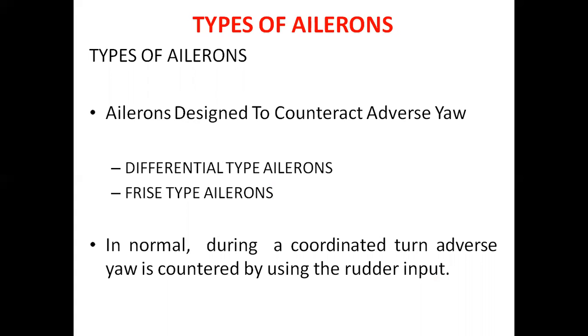There is a third method also available to counteract the adverse yaw situation, that is by using the rudder input. When the aircraft is rolling, the pilot will apply rudder input. By applying the rudder input, the adverse yaw situation will be countered.